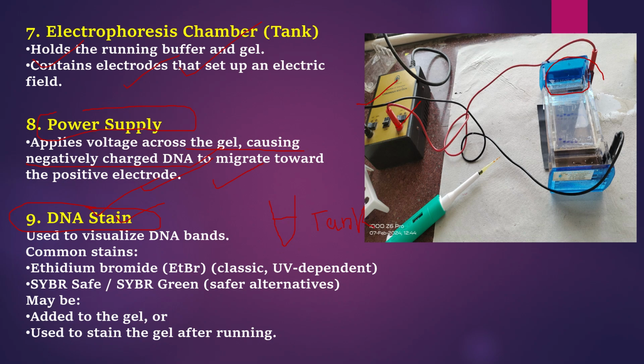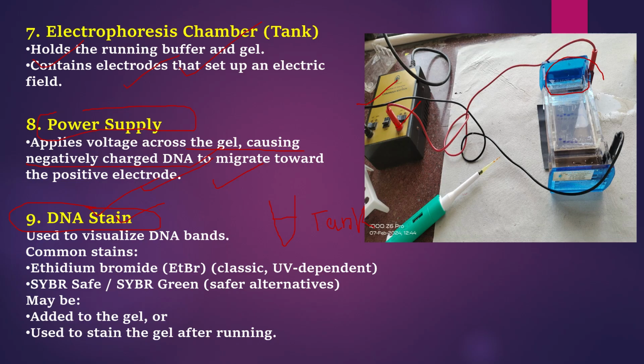So we don't stain the gel after running in horizontal; we put the staining solution beforehand. When the DNA molecules migrate, the ethidium bromide will intercalate between the nucleotide bases, AT and GC, while the gel is running.